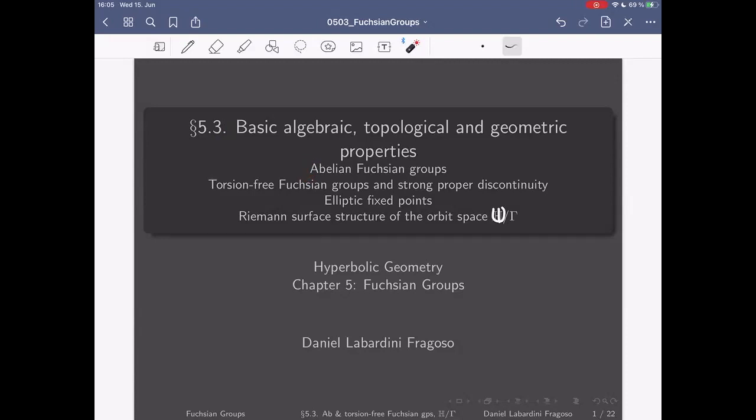Then look at torsion-free Fuchsian groups, and then look a bit at elliptic fixed points or other fixed points in general.